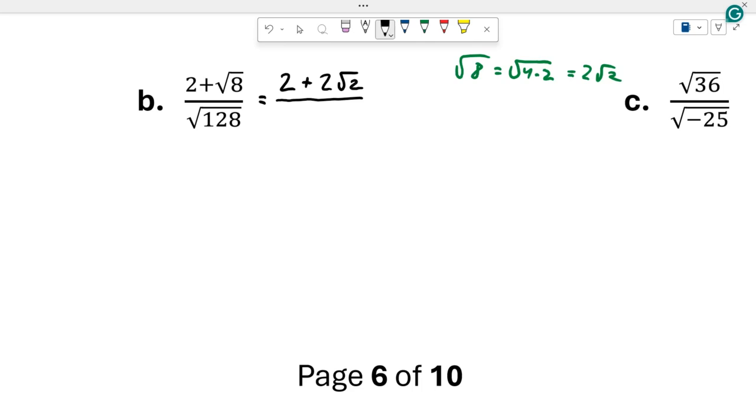Same general concept. I want to ask myself, what is the largest square number that goes evenly into 128? It was an earlier problem where I realized an easier way to do this process. One way of finding this is to start with the largest square number that's less than or equal to 128, because anything above 128 does not go into 128.